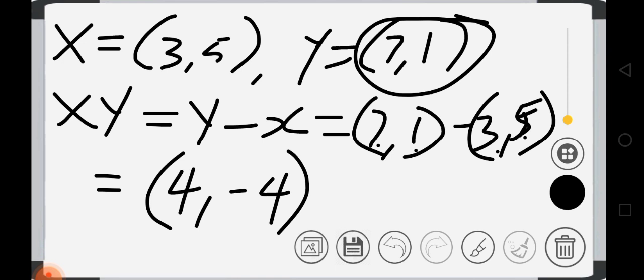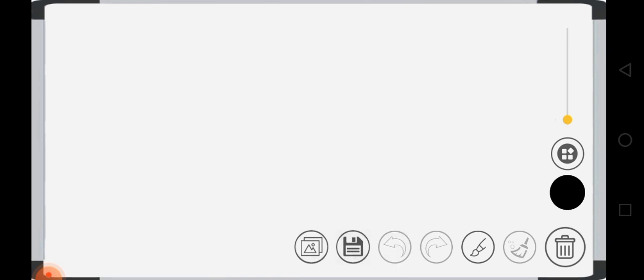Another question we're still going to do. Now we are still in vector operation, vector algebra, and the rest. There's a question I want to look at quickly. The question is to find the unit vector which is parallel to the vector 7i minus 4j.